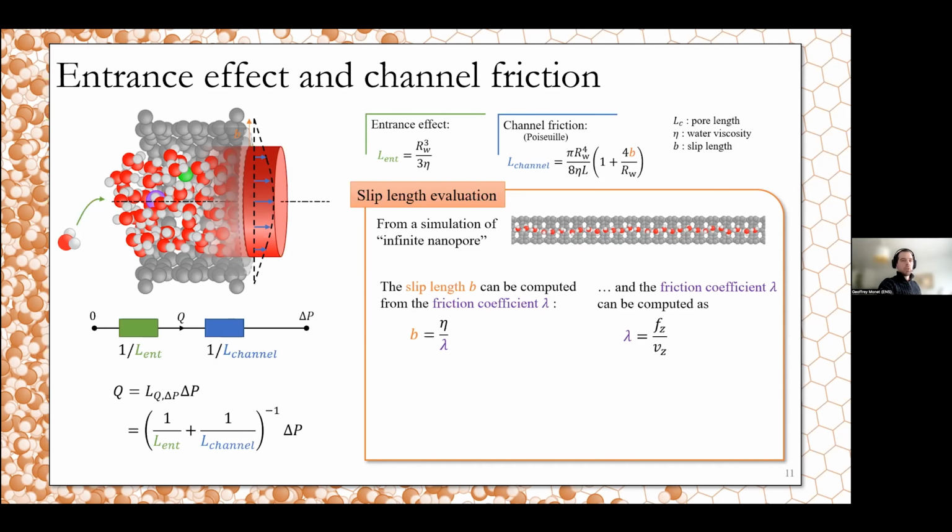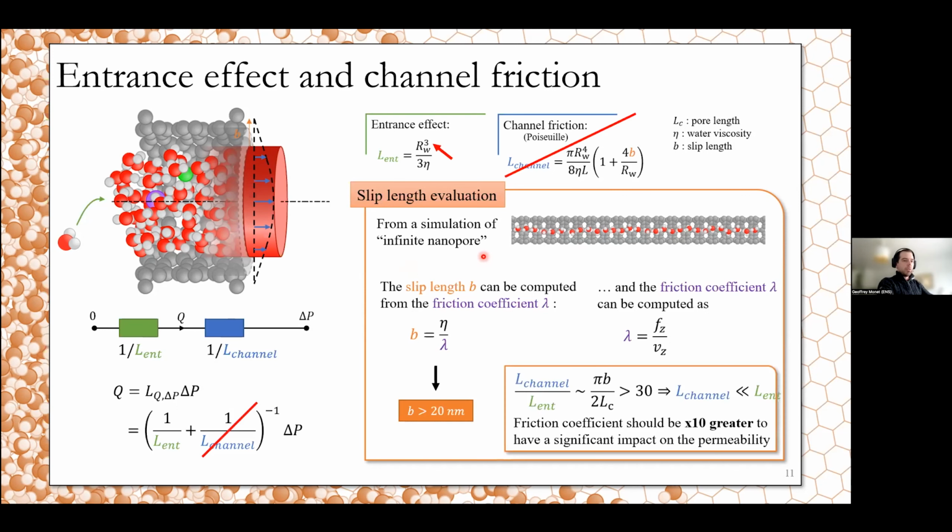To make a long story short, we end up with a slip length that is more than 20 nanometers. This is huge compared to the pore radius, but it is not unexpected, because it is a value that is typically found in carbon nanotubes.